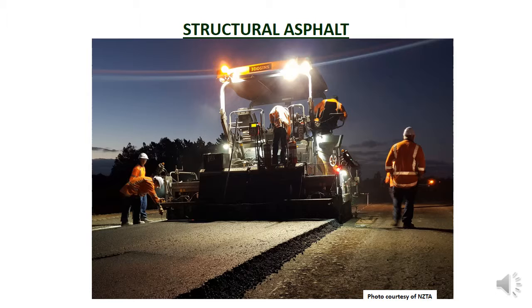However, thicker layers of asphaltic concrete can provide structural support. Structural asphalt involves laying asphaltic concrete in layers that are over 100mm thick. The asphaltic concrete used may be a denser, stronger mix of AC, such as Mix 40 or stone mastic asphalt. We will look at these types of asphalt in later videos.